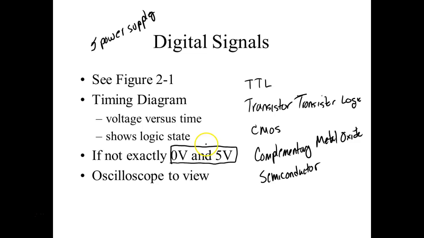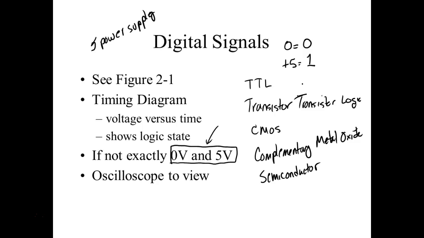But what we're going to start off with first is TTL, where 0 volts would be equal to a binary 0, and 5 volts would be equal to a binary 1. Of course, it's not going to be exactly 0 or exactly 5 volts, and we'll learn the actual range these could fall into.